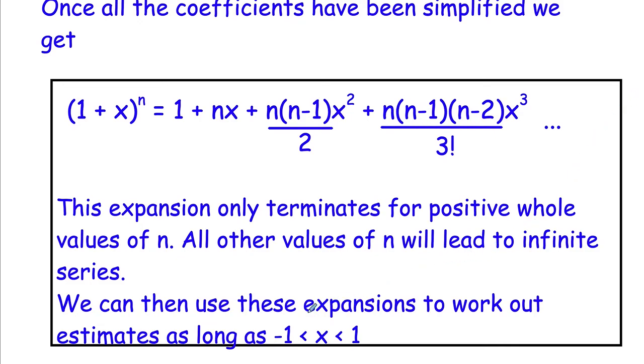Okay, so you'll often see questions say work out the expansion, for what values of x is this expansion valid, and you just need to say it's valid when x is between -1 and 1. That's not always the answer, but I'll come to that when we see it.